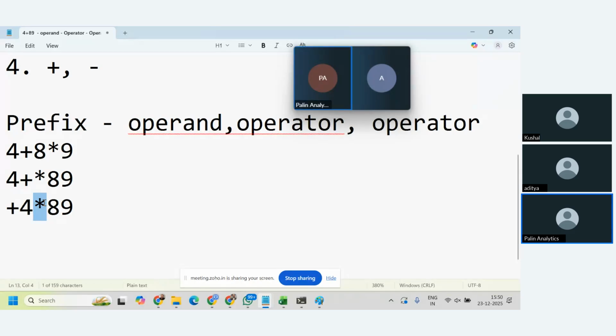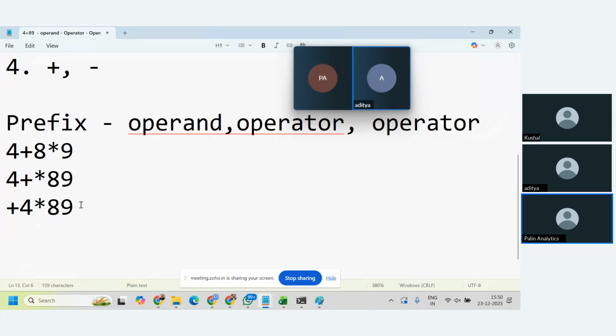So now this operator will again search for its own two arguments. One it will get this, and another it will get this. So first of all, this portion will be calculated, and then for plus, the second operand is the result of this entire part, and then these two will be calculated, and the result will come.